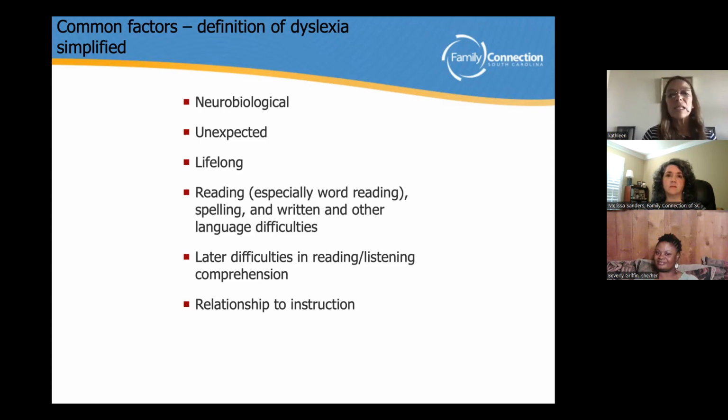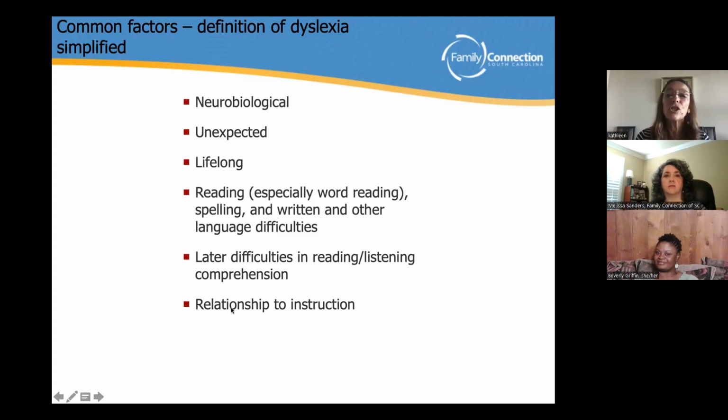It also means that later difficulties in listening and comprehension may be a result of the poor word reading issues, okay? So if you look through all these different definitions, you will see the focus on auditory processing and on word reading, in other words, connecting the sounds to the symbols in order, okay?